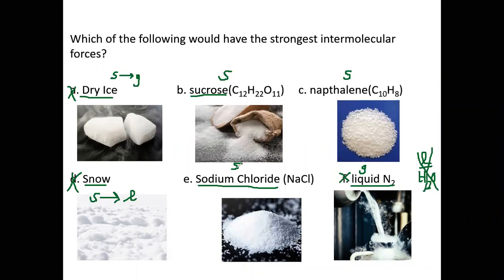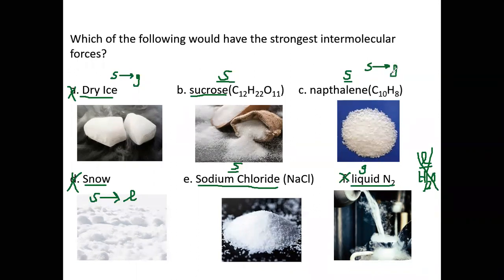Now we have to discern between sodium chloride, sucrose, and naphthalene. Now naphthalene, what's interesting about it, which is commonly found in mothballs, is that naphthalene goes directly from a solid to a gas.